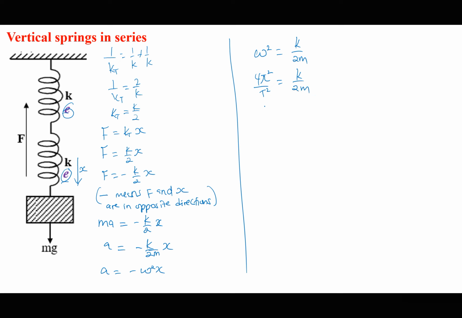Reciprocal and square root. T is going to be equal to 2 pi square root of 2m divided by k. Then if I want to find the frequency, it is the reciprocal of T, which is equal to 1 over 2 pi square root of k divided by 2m.